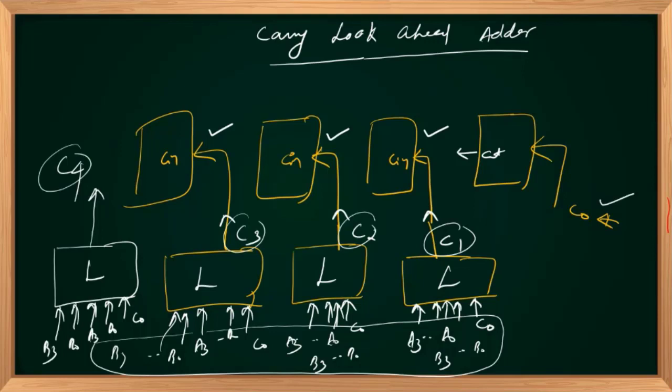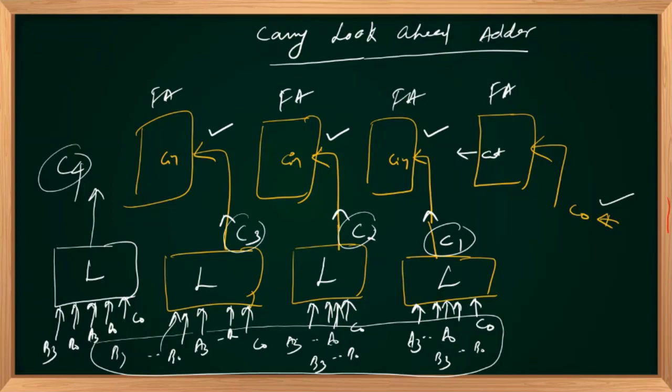Then these full adders need not wait for their input carry, right? We'll use separate logic to forecast or to predict the carries other than the carry input of the first stage, namely C1, C2, C3, and C4, right? And we'll see how to generate it.